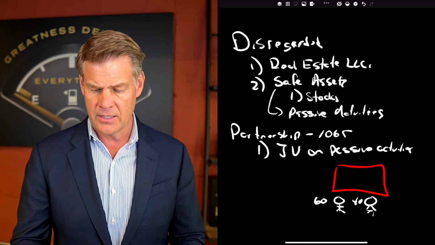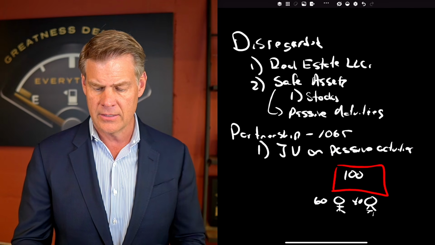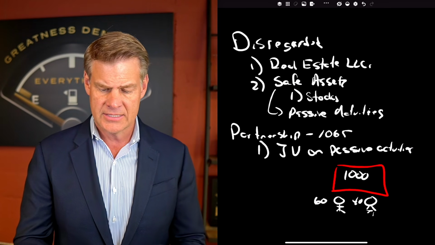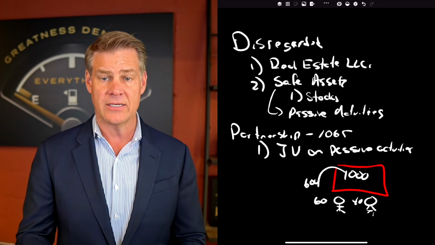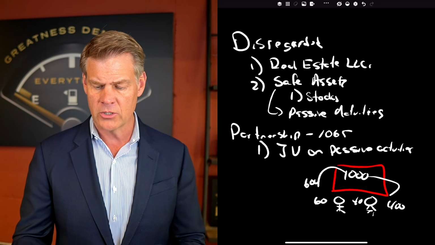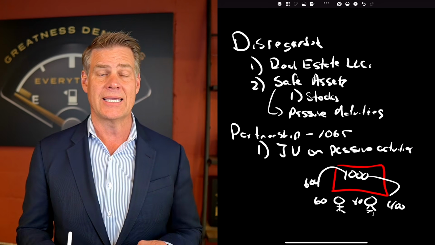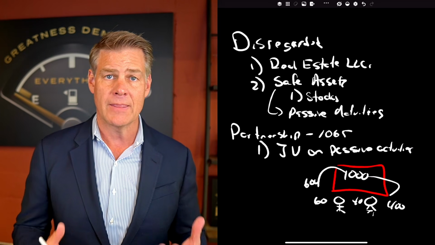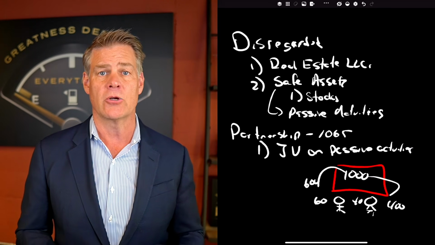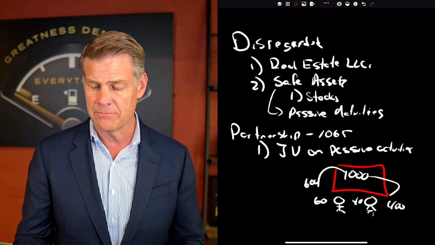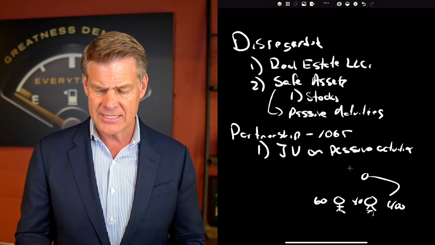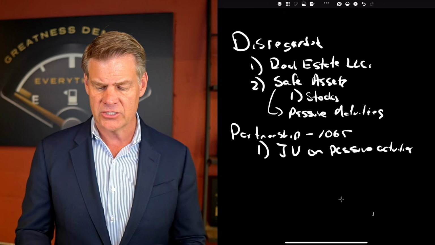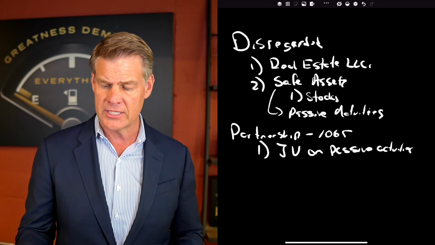Then if you make $1,000 in profit, $600 is going to be allocated to this partner. $400 for tax purposes would be allocated to partner number two. Again, that would be reflected on the 1065 return, and each partner receives what is referred to as a K1. So we use this tax status, partnership tax status, for joint ventures in real estate.